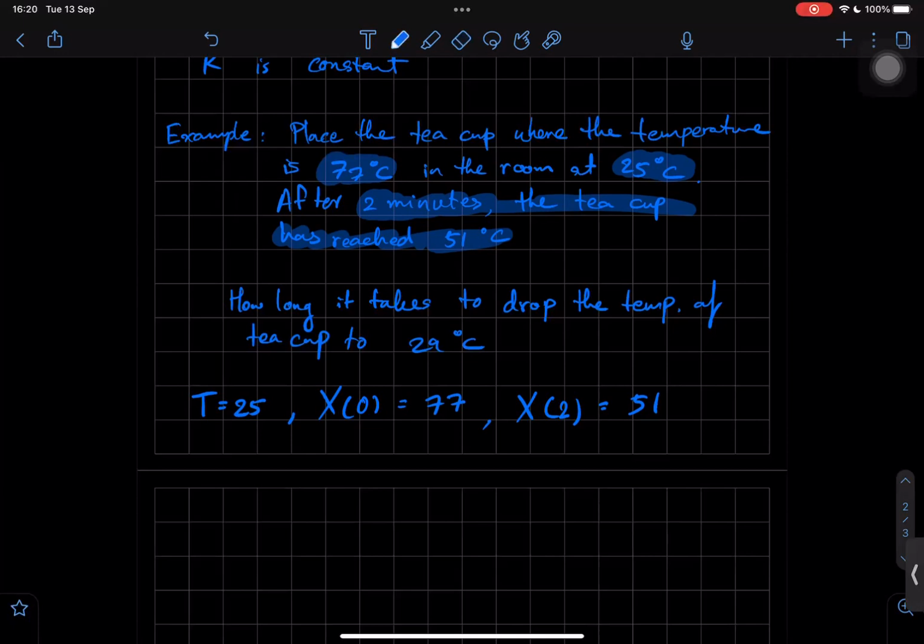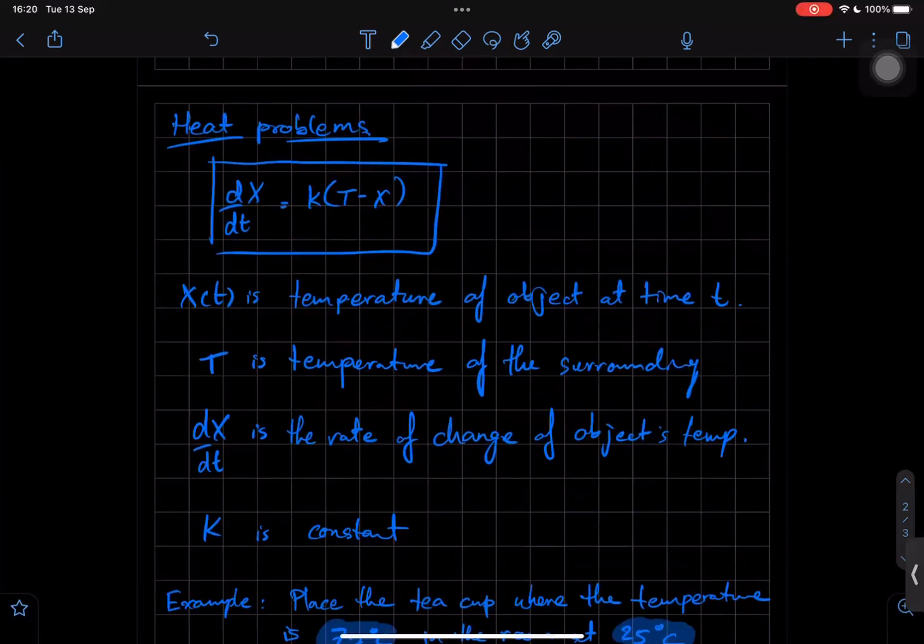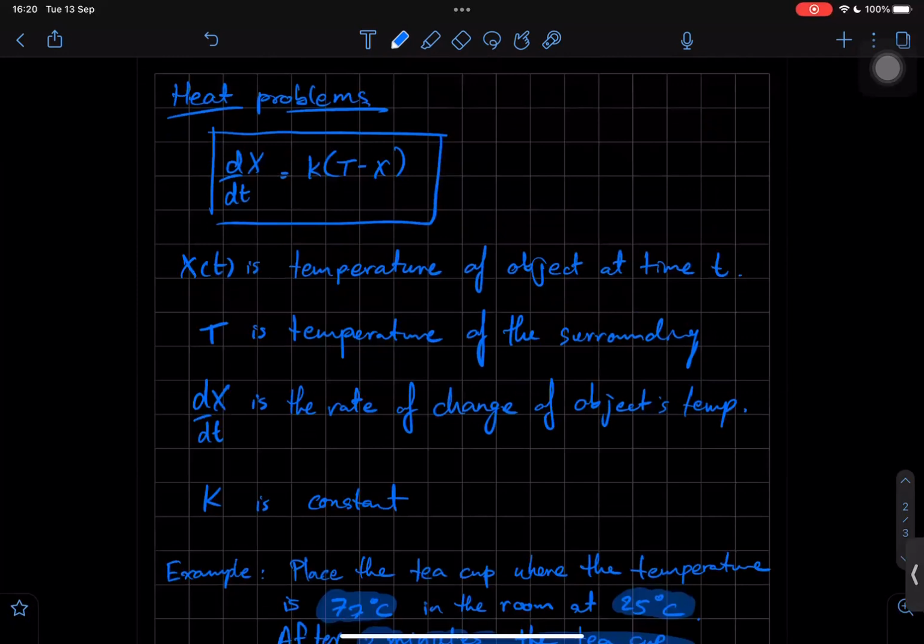Okay, so we put into our formula here dx by dt equal to k(T minus x), right? You can write x minus T or T minus x.